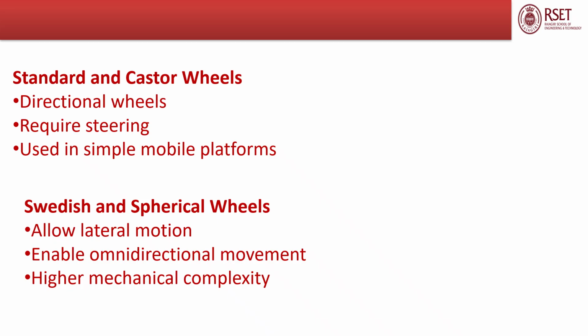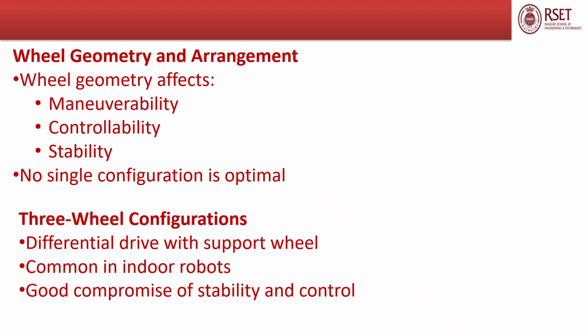Wheel geometry and arrangement. Wheel geometry and arrangement play a crucial role in determining a robot's stability, maneuverability, and control characteristics. There is no single wheel configuration that is optimal for all applications. Factors such as the number of wheels, their placement, and whether they are driven or passive must be carefully considered.